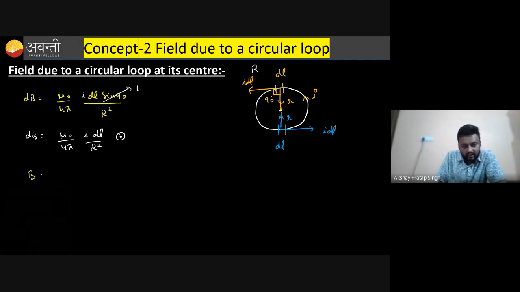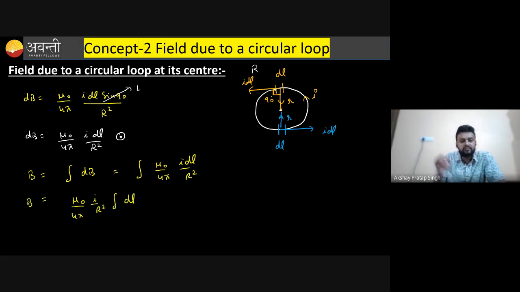So net field is equal to the integration of dB. If you integrate it, you can put the values: integration of mu naught over 4 pi, I dL by R square. You can take out the constants, that is mu naught by 4 pi, I by R square, integration of dL. This is the net magnetic field at the center.